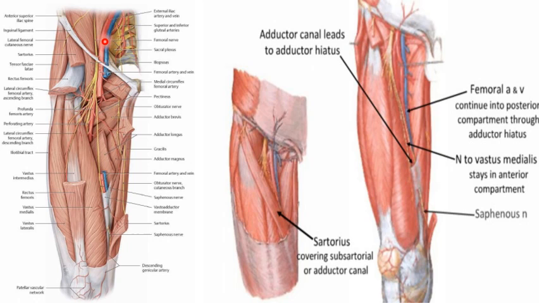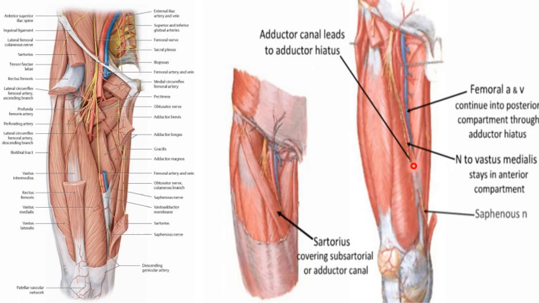This external iliac artery at the mid-inguinal point, behind the inguinal ligament, continues as the femoral artery, which is present within the femoral triangle. Above it is bounded by the inguinal ligament, medially by the adductor longus, and laterally by the sartorius.